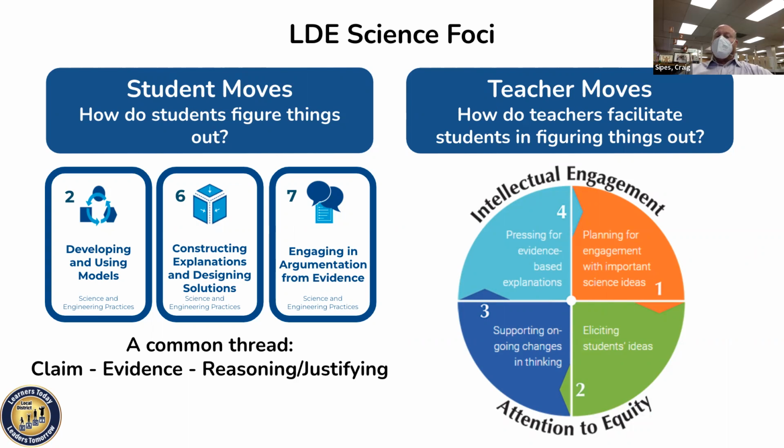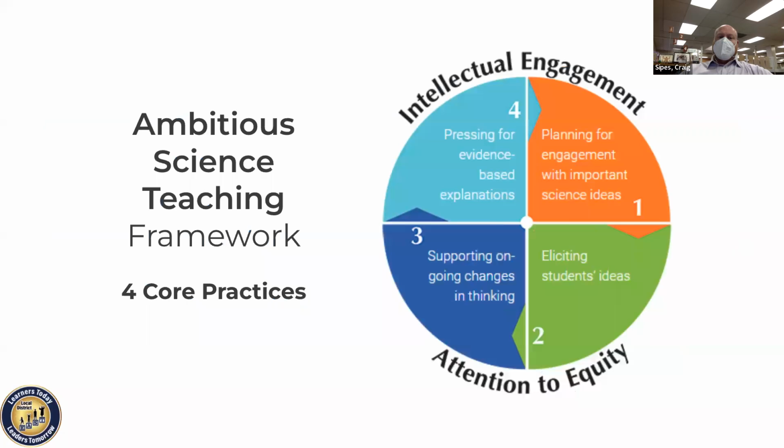And now that we've done those 3 things, then we're moving into the point here. We want them to come up with supported answers. So how do we press for evidence-based explanations? And so that's where we're at today.